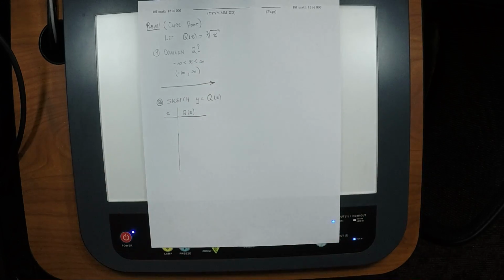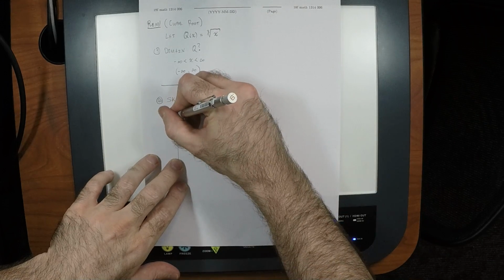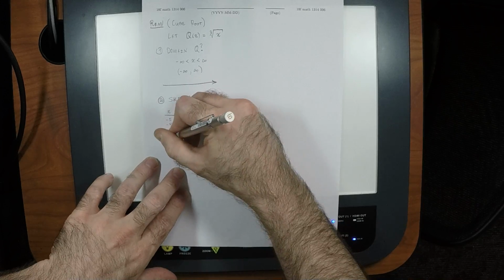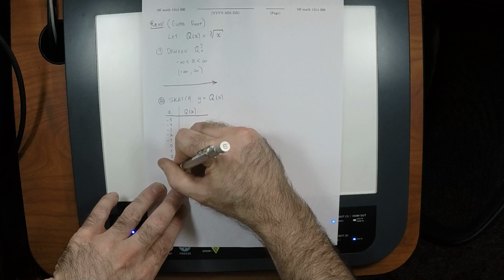Because the square root's only defined for non-negative x's, I started at 0, but negatives can be input here, so I'm going to start at negative 5. So negative 5, negative 4, negative 3, negative 2, negative 1, 0, 1, 2, 3, 4, 5.